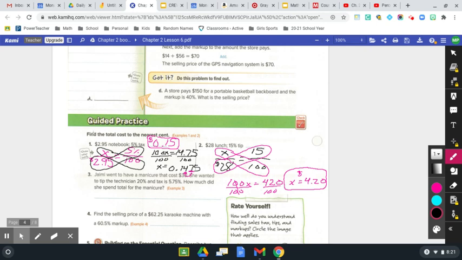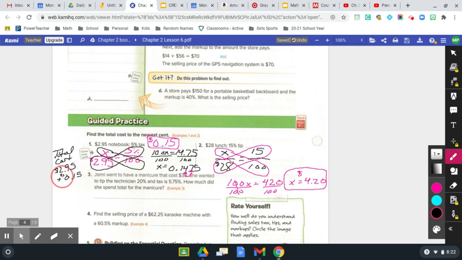So in the directions, it says find the total cost to the nearest cent. Just like what we did in the warm-up, we're going to find the total cost. So for number 1, I'm going to write this off to the side. We're going to find out if the notebook was $2.95 and the tax was 15 cents.